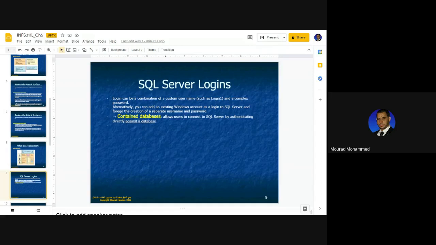This authentication, we are talking about the server logins here. The layer that authenticates the users is the logins layer. If you are capable to log into the SQL Server, you will be authenticated. When you are being authenticated, at that time only, a session will be generated for you, for the authenticated party.